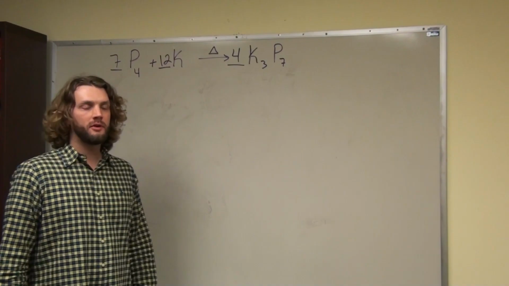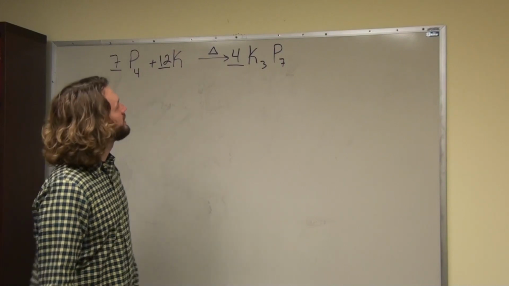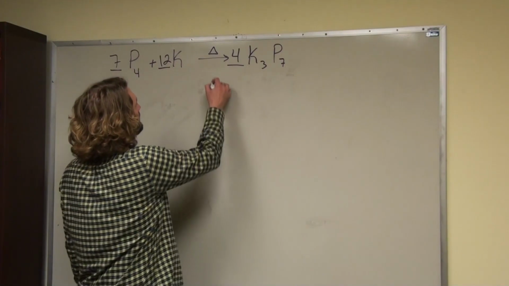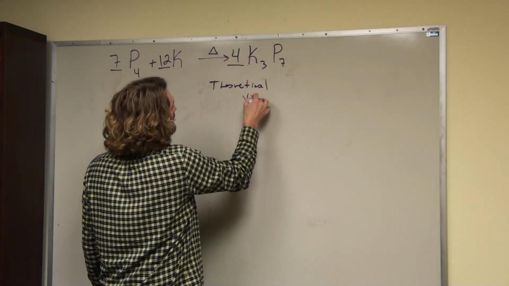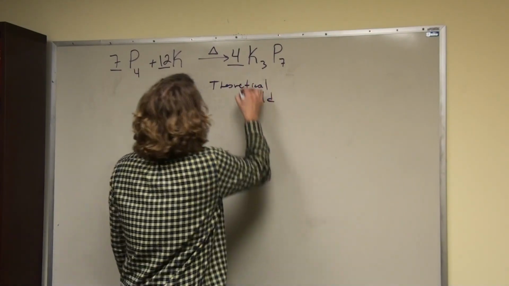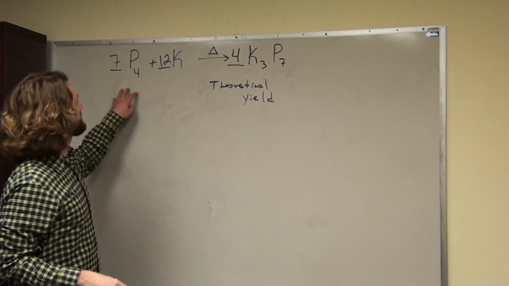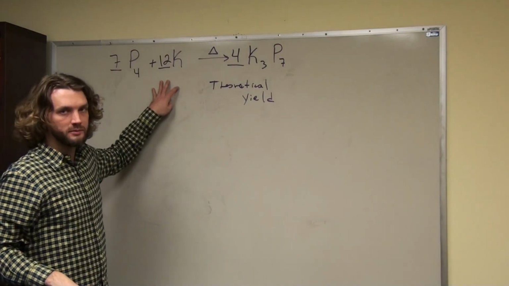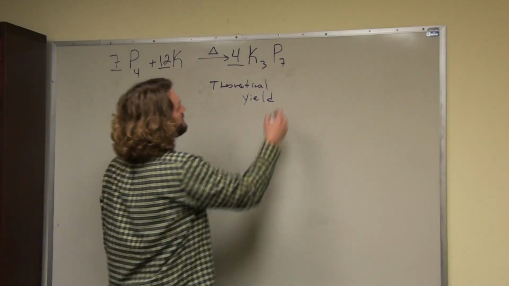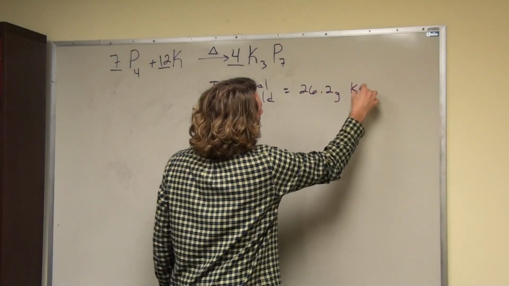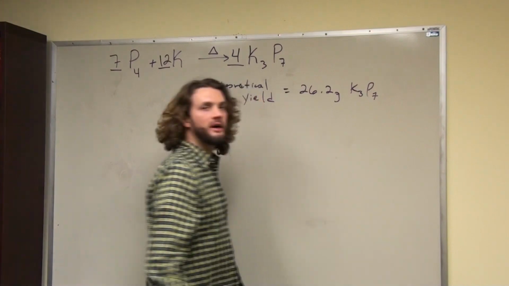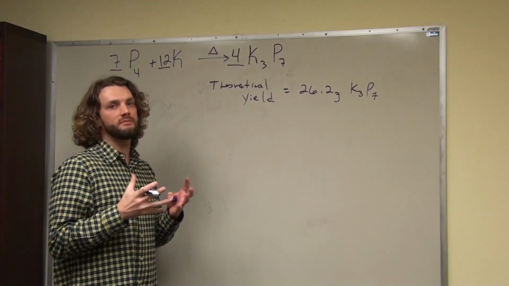theoretical yield. All right, from our calculations, we found that the theoretical yield of K3P7 from these amounts of reagents, from 17 grams of P4 and 15 grams of potassium, was 26.2 grams of K3P7. That was theoretically possible from that amount of reagents, right?